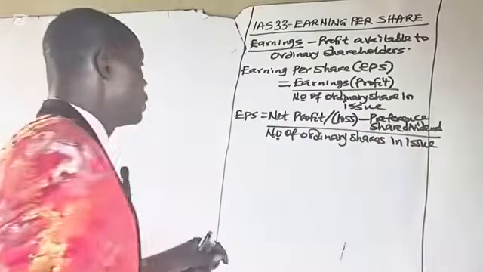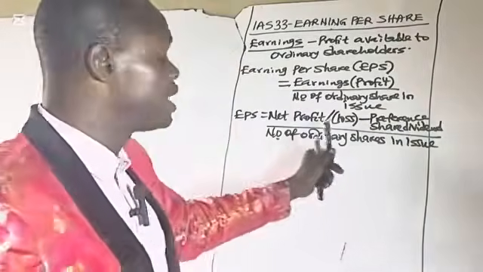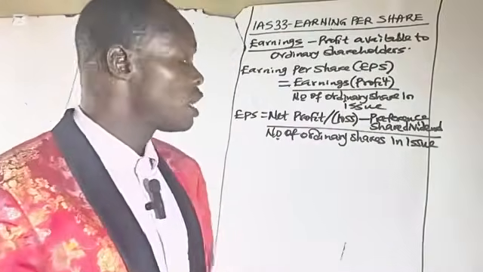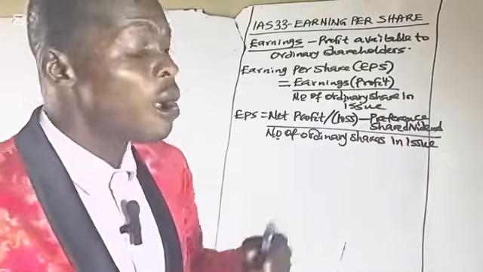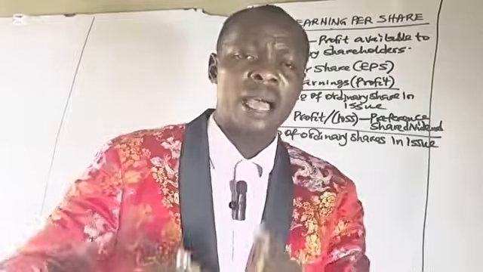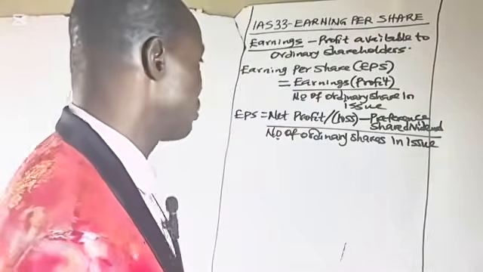So this will give you the earning per share. The profit that is due to ordinary shares, minus preference shares dividend, over the number of ordinary shares in issue and ranking for dividends, will give you the earning per share.